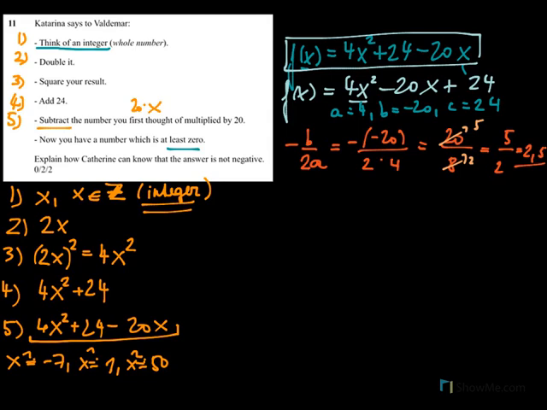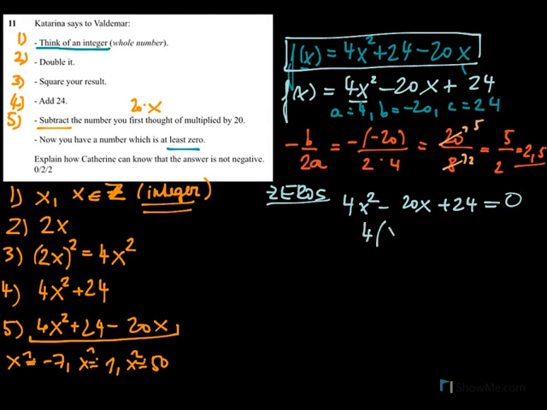So now I know the x-coordinate of the vertex. I will find the zeros. This is where I would normally start. In order to find zeros, I need to solve the quadratic equation. This is equal to 0. Instead of dividing by 4, I will keep the 4.